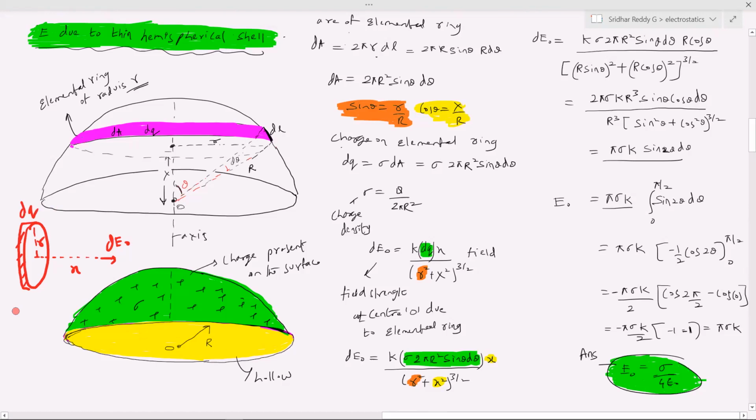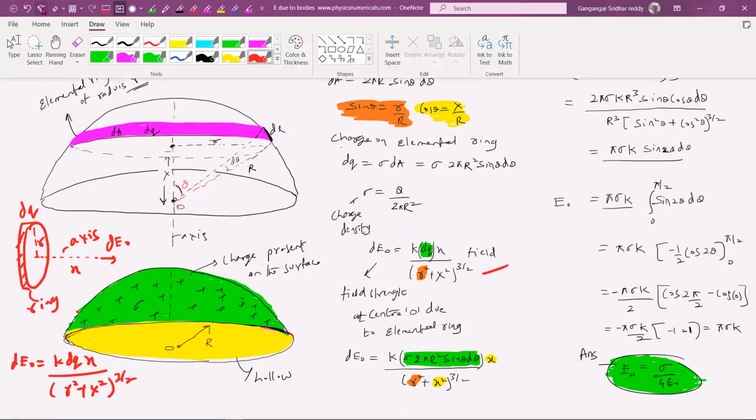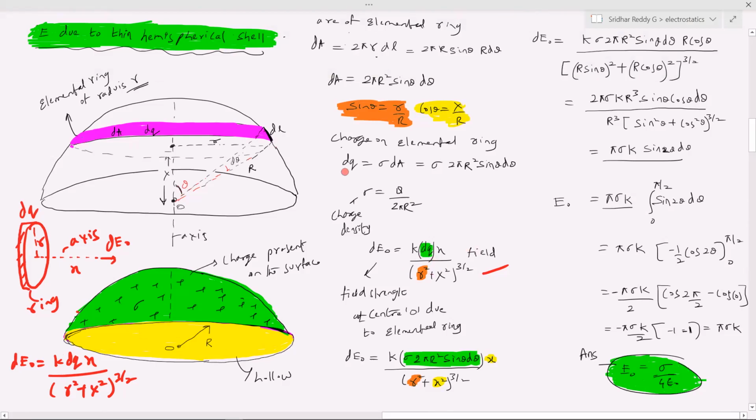The charge is dq, so what will be your formula? dE naught equal to K dq x by under root of r square plus x square to the power of 3 by 2. Can you remember this? This is like an axis, and it's a ring. So the same thing is what I wrote here. Let me substitute dq.